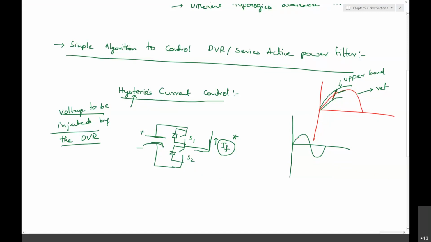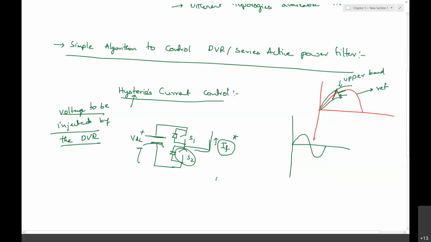Now what we are trying to do, in order to pull the current in this direction, is apply a negative voltage. That means we need to turn on this particular S2 switch.